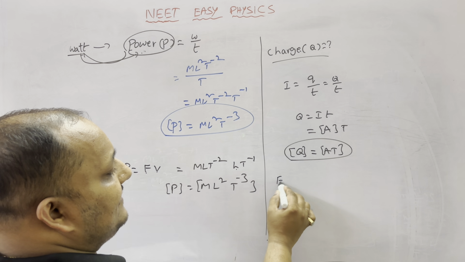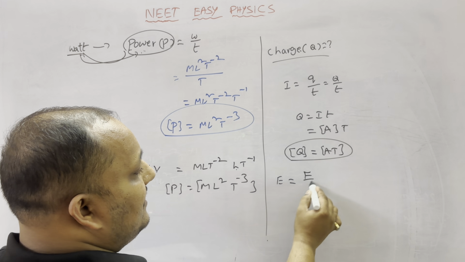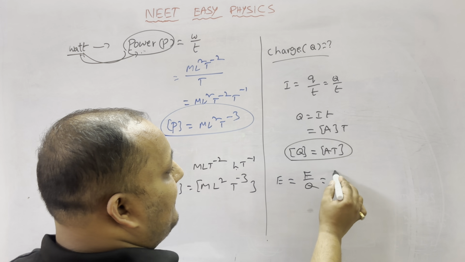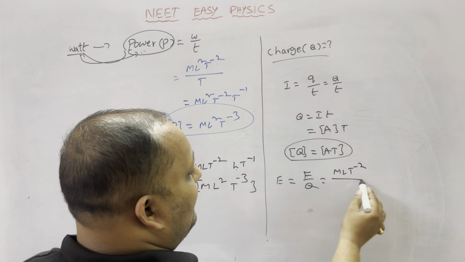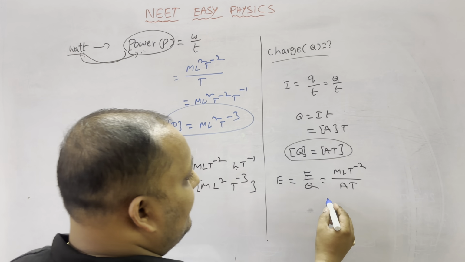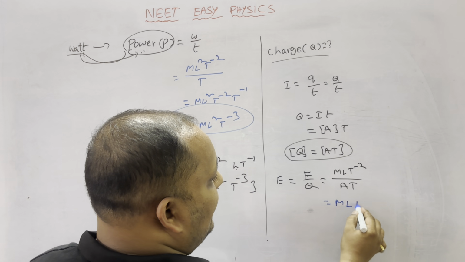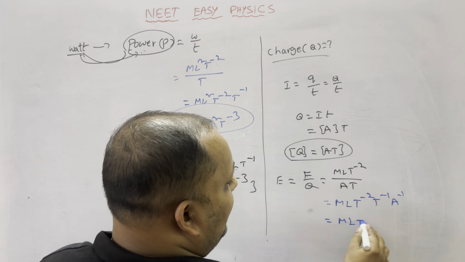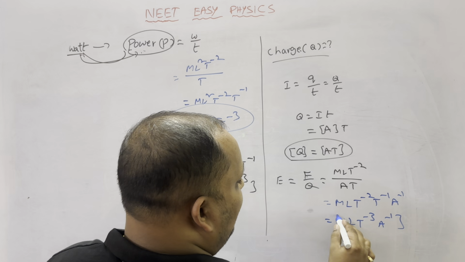Electric field intensity, E is equal to F by Q or Q naught. So the F dimension formula is M L T⁻², and the charge dimension formula is A T. Therefore the final equation you will get is M L T⁻² T⁻¹ A⁻¹, so M L T⁻³ A⁻¹.